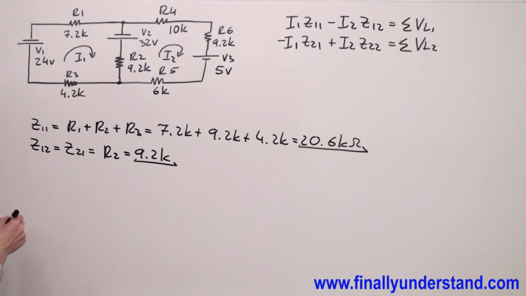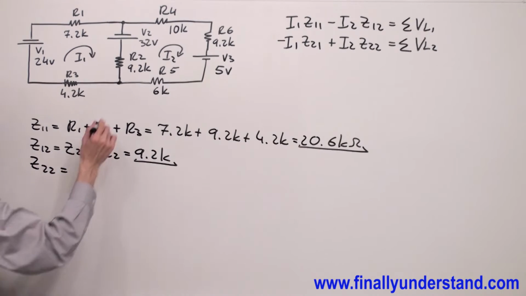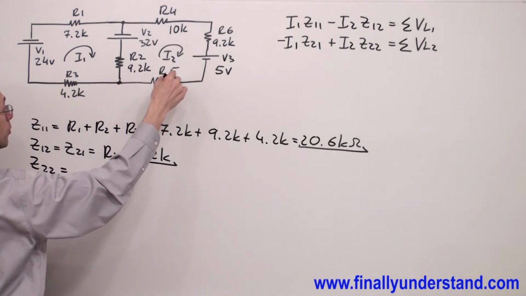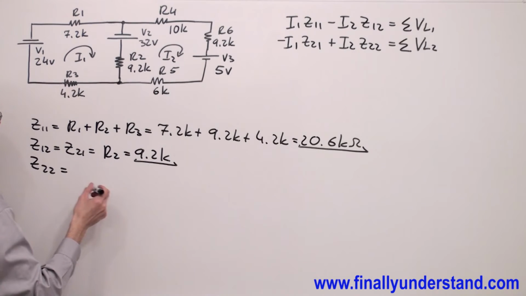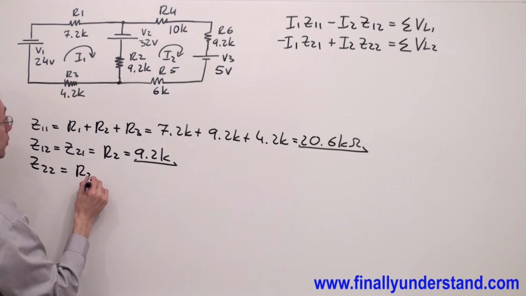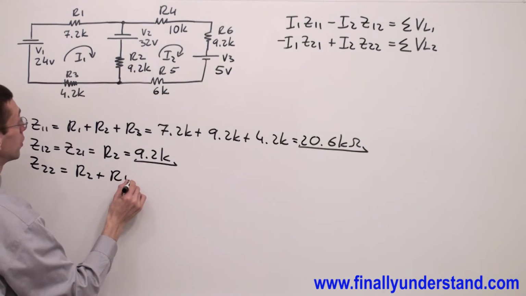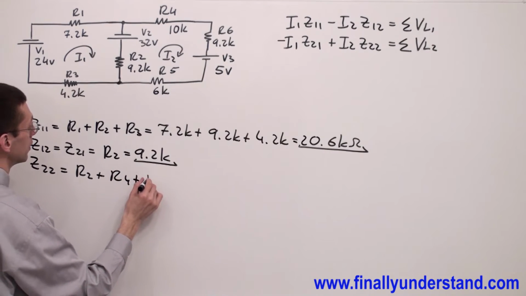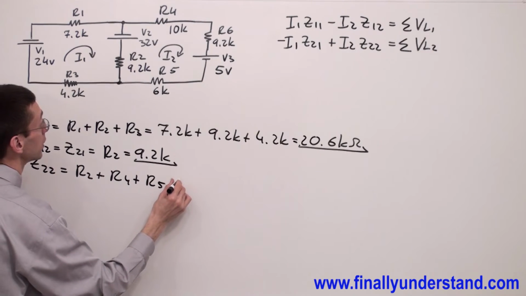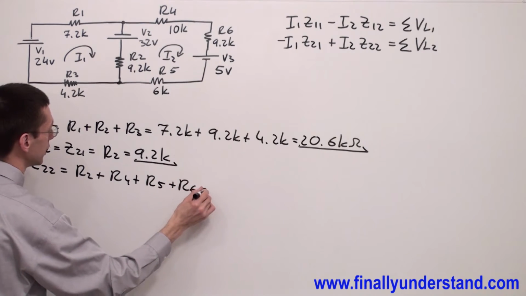Next, I have to find Z22. Z22 is the sum of all impedances in loop 2. I have R2 plus R4 plus R5 and plus R6.